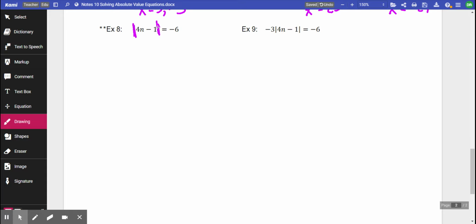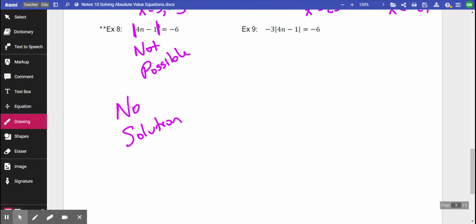So it's not possible for your absolute value bars to give you a negative result. That's not possible. And because it's not possible, that means we're going to write down no solution. So if you ever have your absolute value bars equal to a negative, that's when you're going to have no solution.